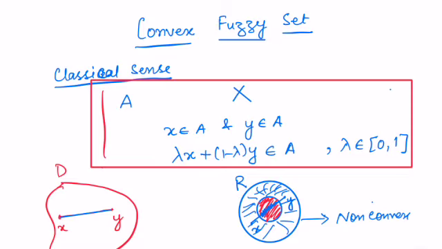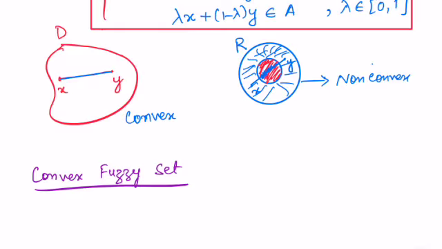Similarly, students, we can define convex in fuzzy also. So moving on to the convex fuzzy set. Remember this formula, the definition in the classical sense? We are upgrading from classical to fuzzy.